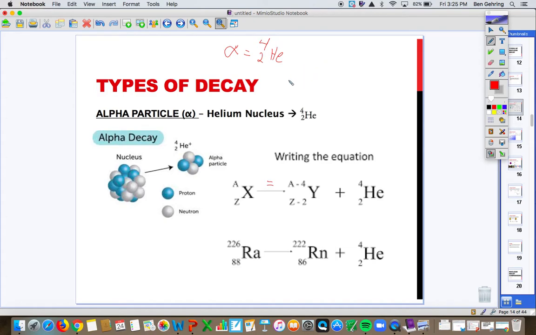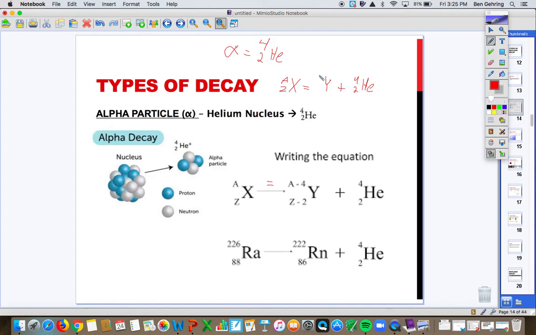So for example, I'll rewrite this first equation. And I'm just going to use an equal sign instead of an arrow. But I don't know my Y. Plus, my alpha decay means I have 4/2 He. And I know that this is a mass of 4, atomic number is 2, and that's why this is helium.